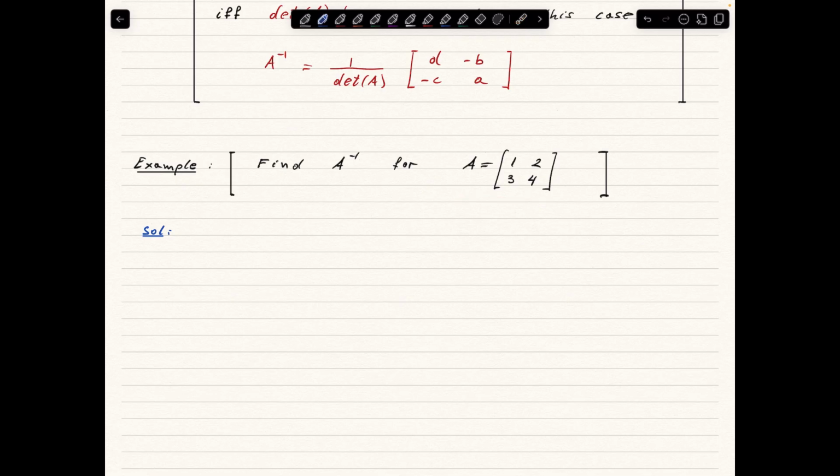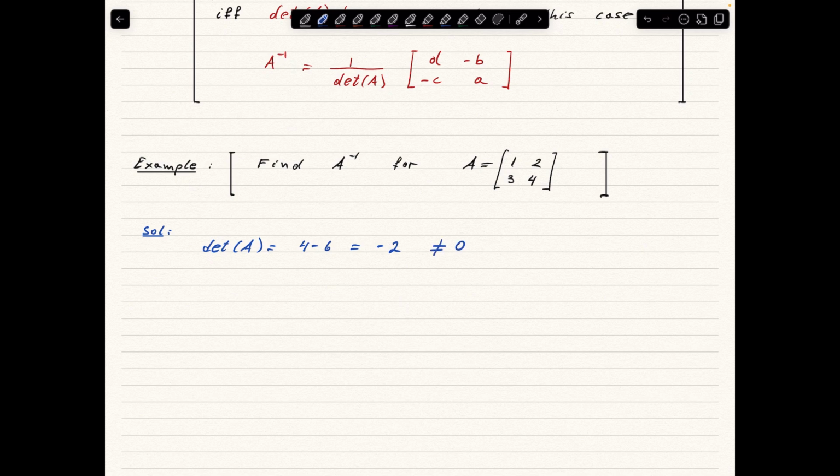So we need to compute the determinant. The determinant of matrix A is going to be the multiplication of these two coefficients minus these other two. So we get 4 minus 6, which is negative 2. It's not important that it's negative. What is important is that it's different from 0.